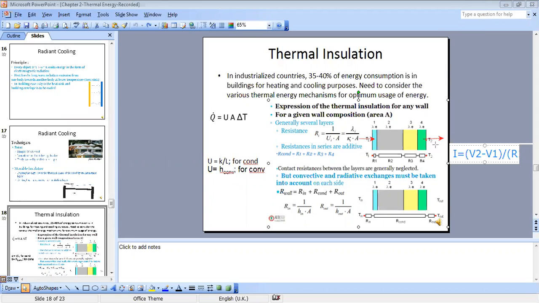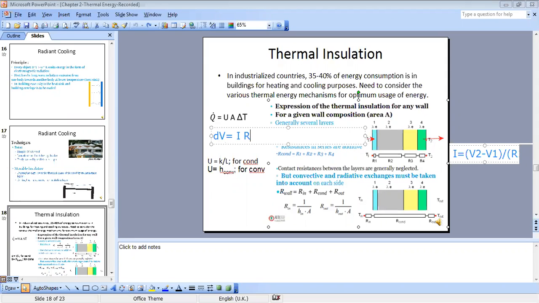So here, if you want to find the resistance of your system in the construction material, it will be equivalent to 1 over UA. Why? Because you know that in electricity you write that delta V is equal to intensity times resistance.